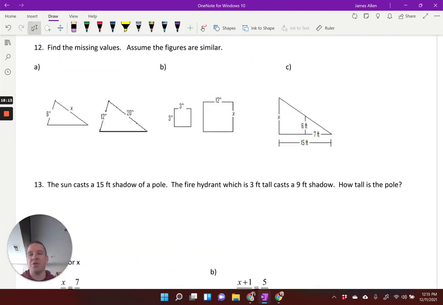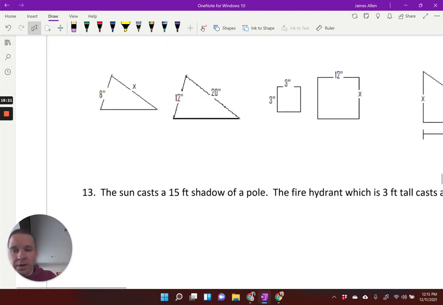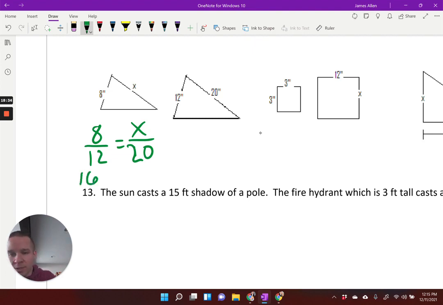All right. Find the missing values. Assume the figures are similar. So we've got 2 triangles here that we're dealing with. Similar figures. I can use proportions all day with this stuff. So for this one, it looks like 8 and 12 are corresponding. 8 over 12 is equal to x over 20. And I can go ahead and cross multiply and solve. So 8 times 20 is 160 equals 12x.